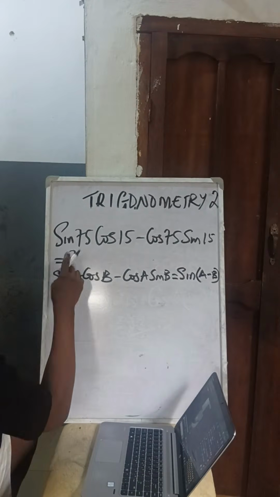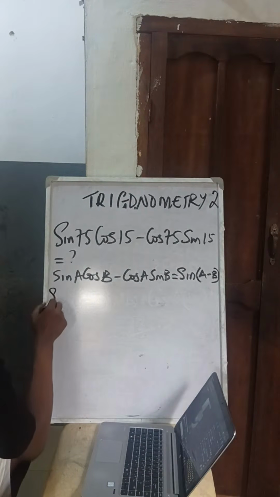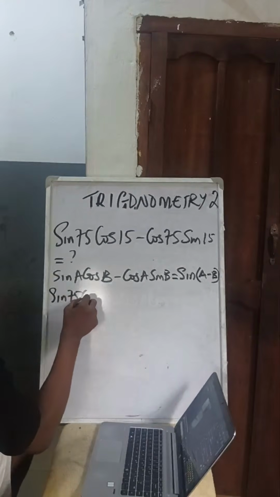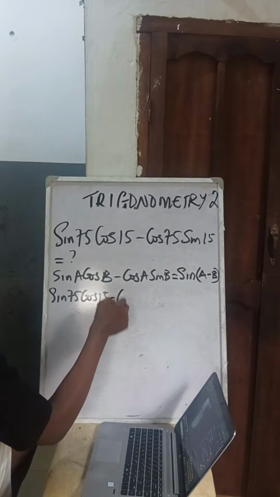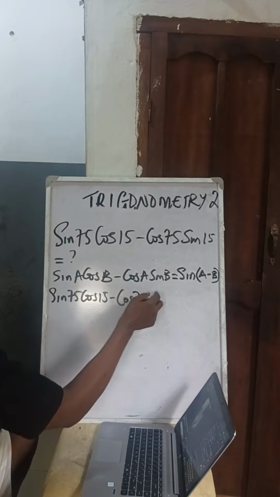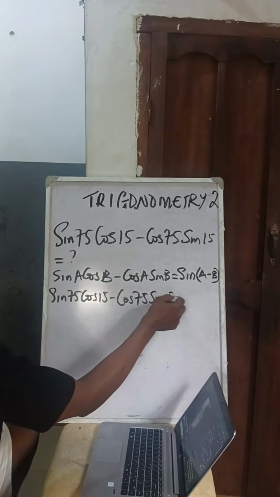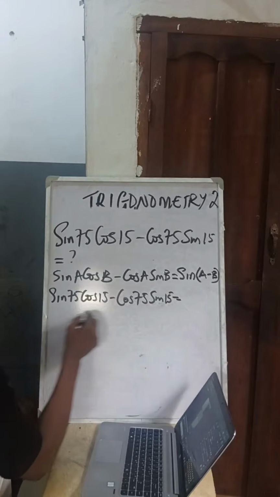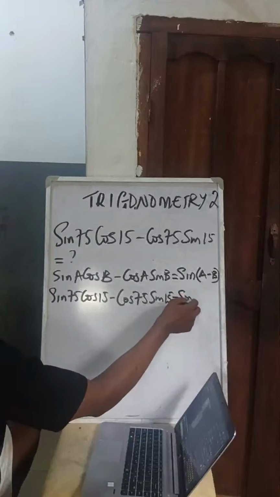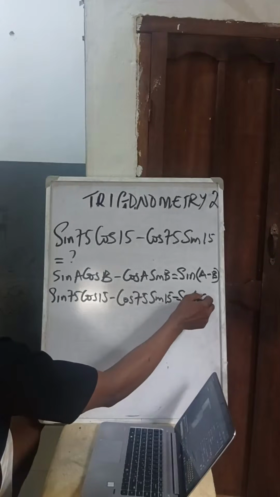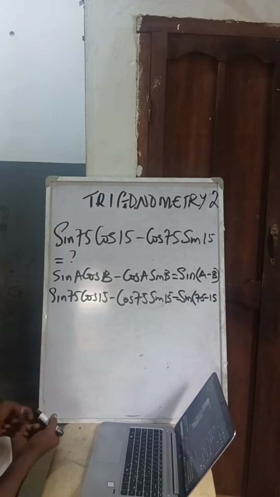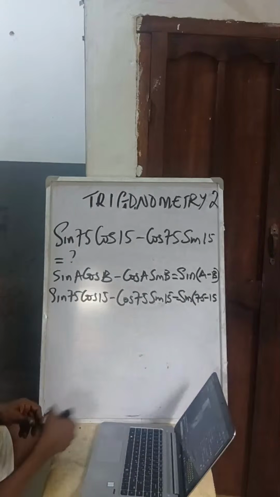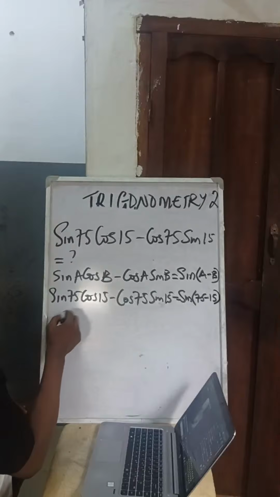So comparing them, you have sine 75 cos 15 minus cos 75 sine 15 is equal to sine of 75 minus 15. So 75 minus 15 is 60, which is the same thing as sine 60.